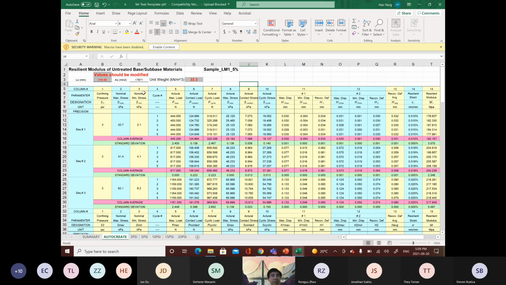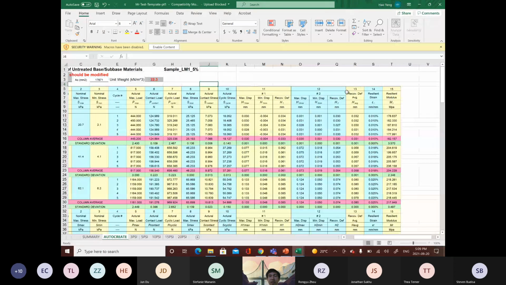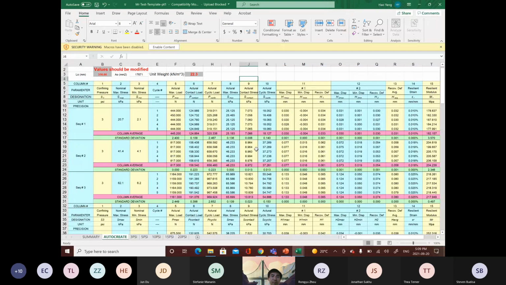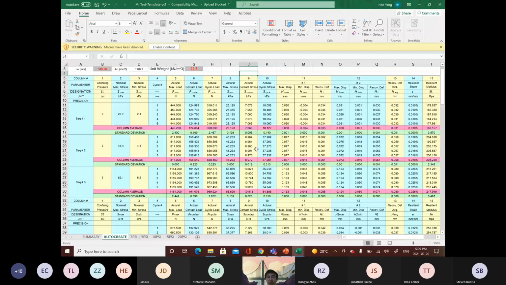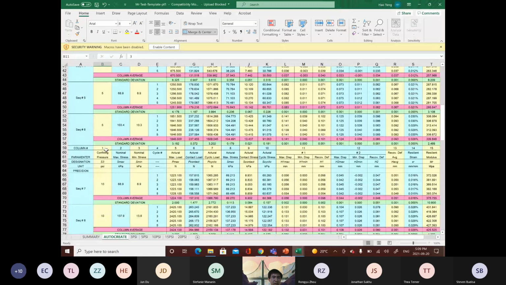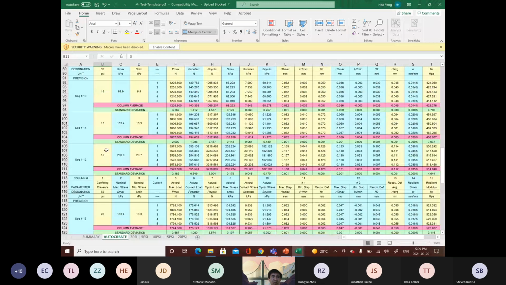So we have the sequence number, and for each sequence you have different values like 3 psi, 5 psi, 10 psi, 15, and 20 psi.